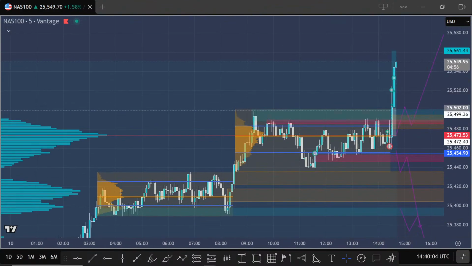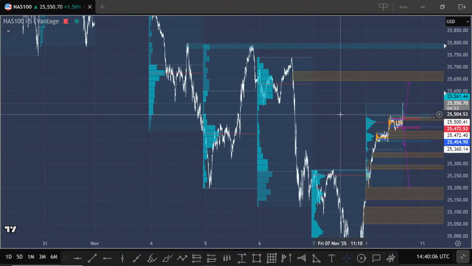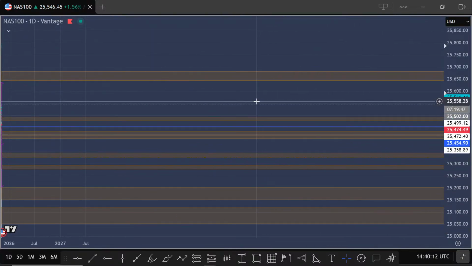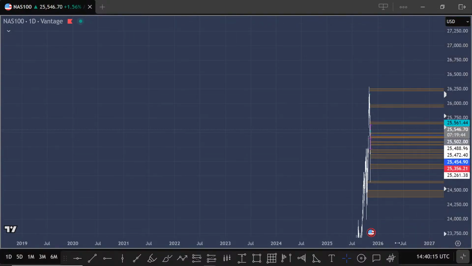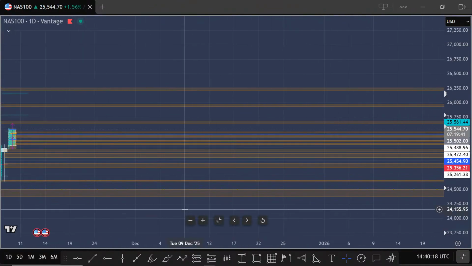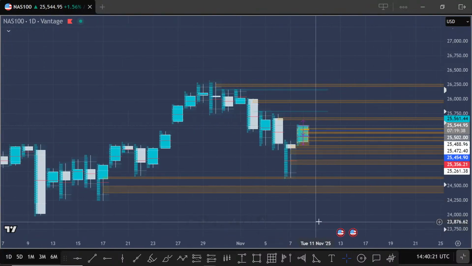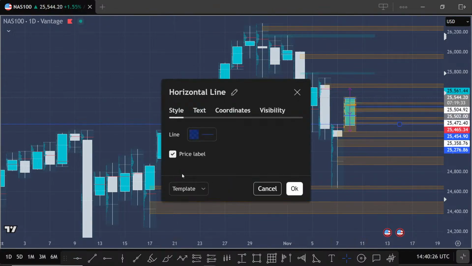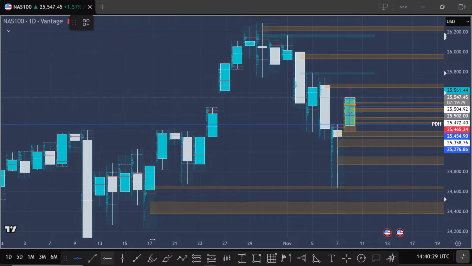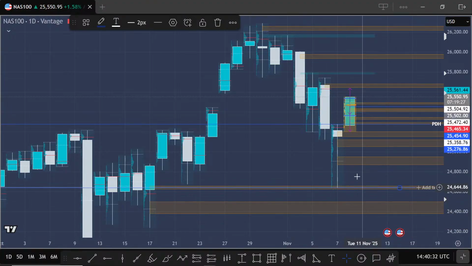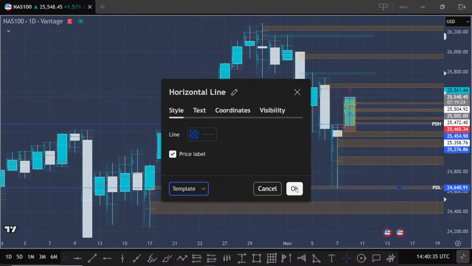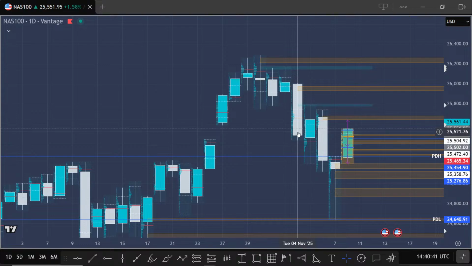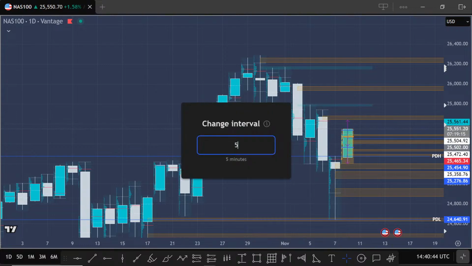So now we've clearly broken above and out of that value area, that range. I suppose that's why we went so quick. If you look at the previous daily high, previous daily low, I did not check that. Look at that candle. No wonder it didn't hang about.